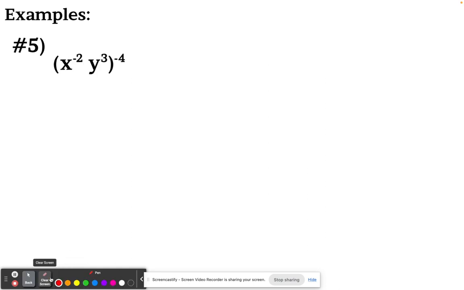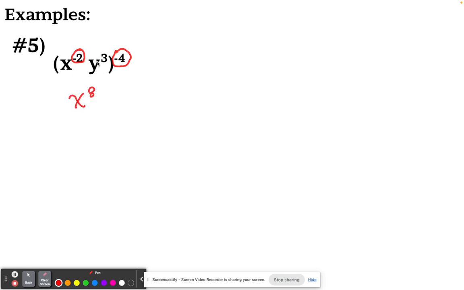Another power to a power. I have x to the negative 2 power raised to the negative 4 power. I've got to multiply those. Negative 2 times negative 4 is going to give me a positive 8.